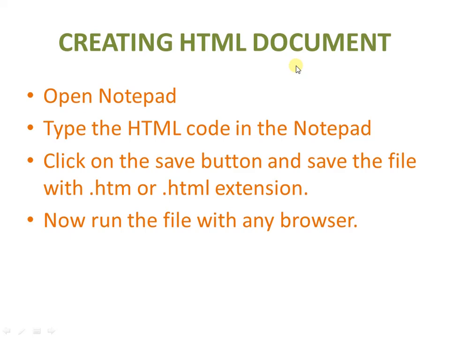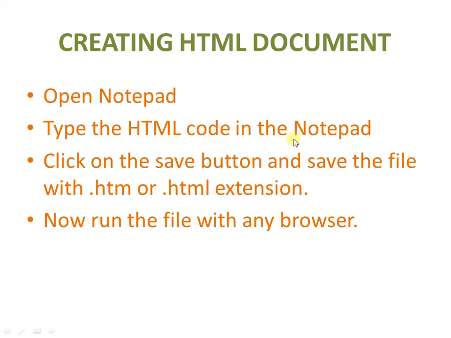So here we have to create a new document. How we are going to create? सबसे पहले क्या करना होगा, कोई भी HTML फाइल बनाने के लिए first we have to open the notepad. आप स्टार्ट पे जाएंगे, आप नोटपैड ऑन कर सकते हैं या फिर आप सर्च पे जाके नोटपैड सर्च कर सकते हैं. We have to open the notepad, then we have to type the HTML code in the notepad.